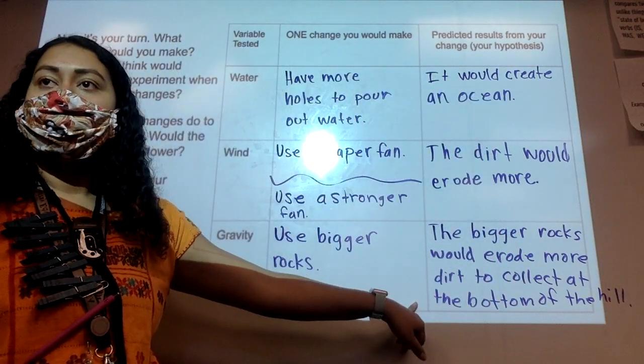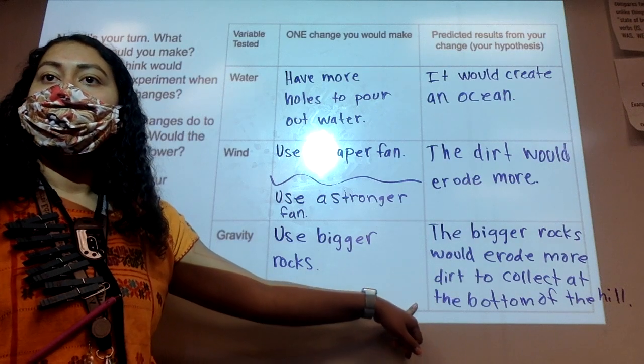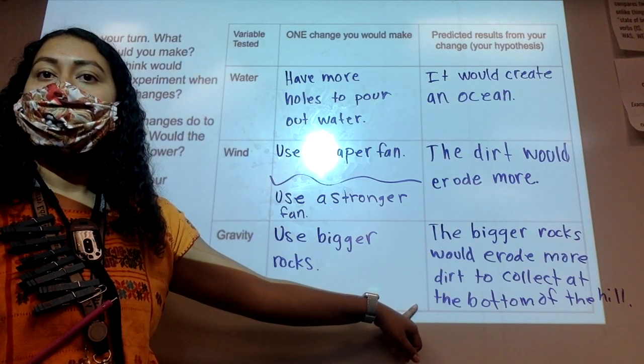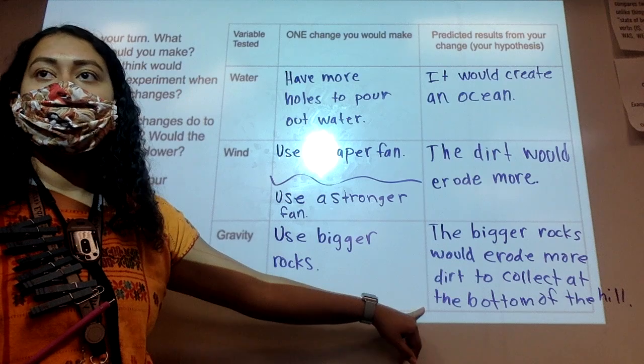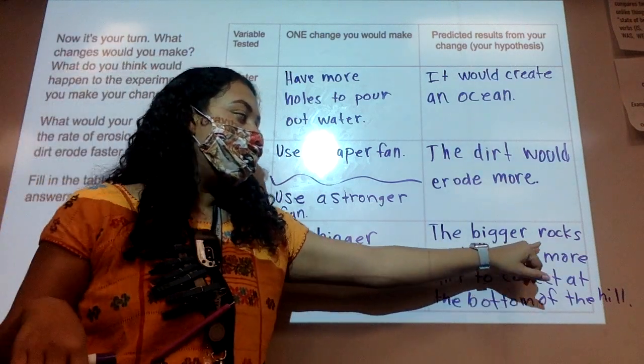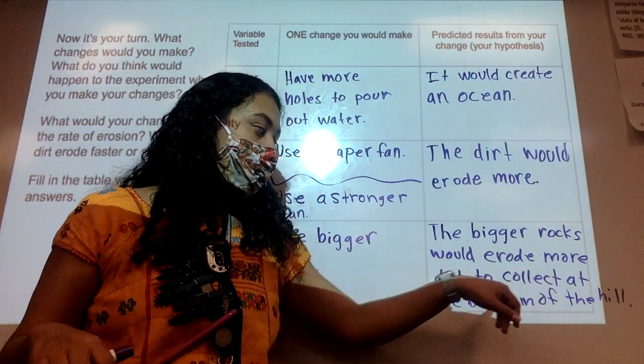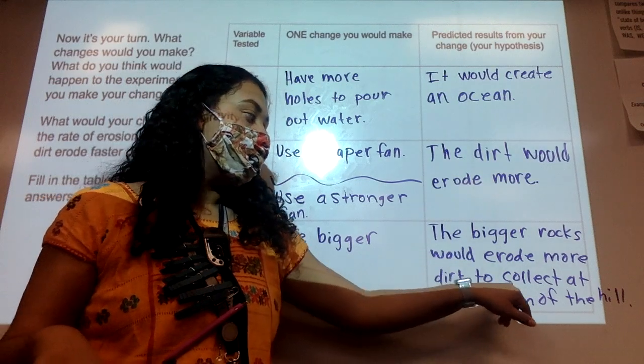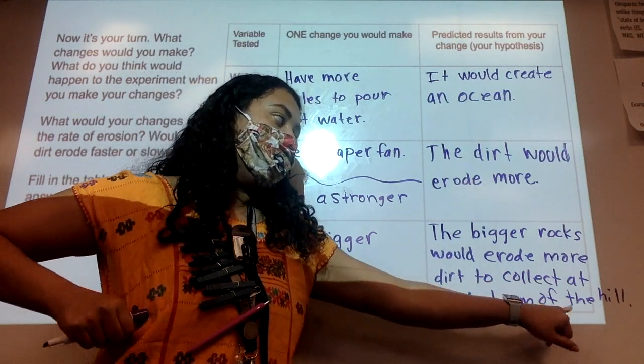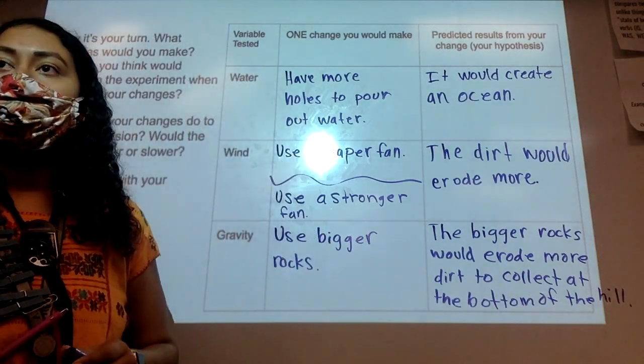Elian, start typing. Thank you, Emma. Thank you, Mona. Good job, Alejandro. Elian, con las dos manos, pero más rápido. Thank you. The bigger rocks would erode more dirt to collect at the bottom of the hill, period.